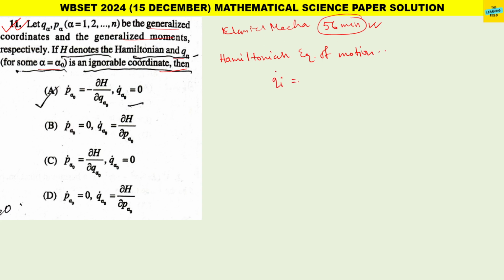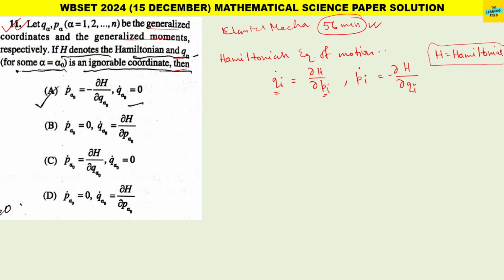Hamiltonian equations of motion are q i dot is equal to del H by del p i and p i dot is equal to minus del H by del q i. q i are the generalized coordinates and p i are the generalized momenta and H is the Hamiltonian.